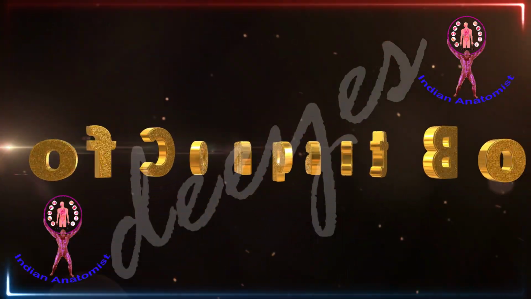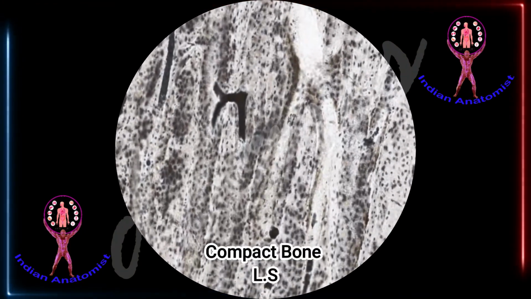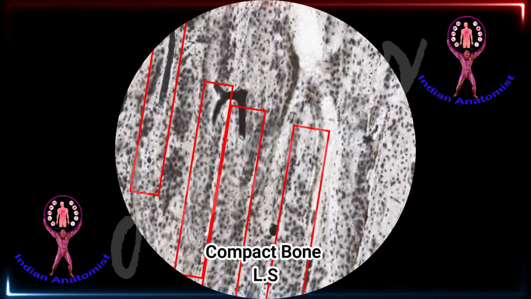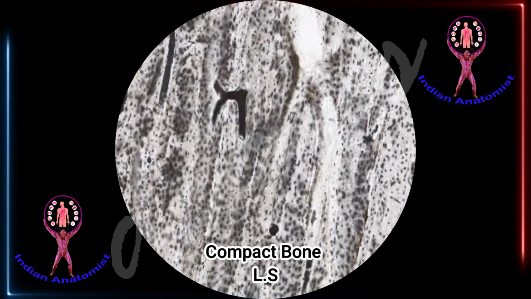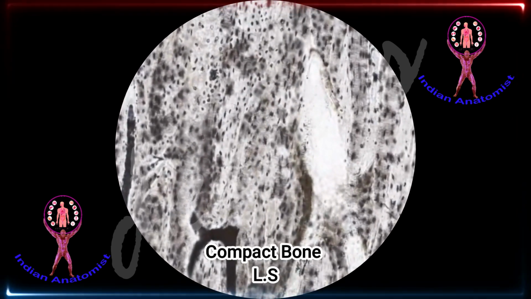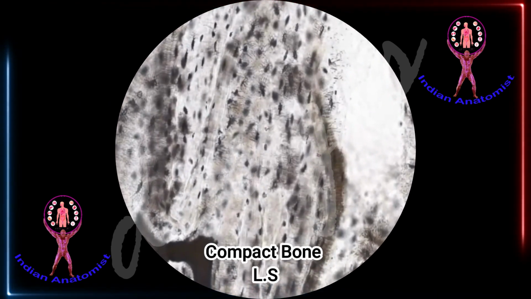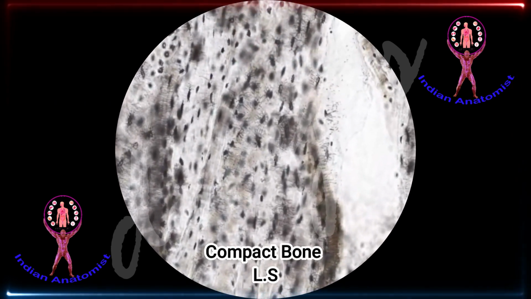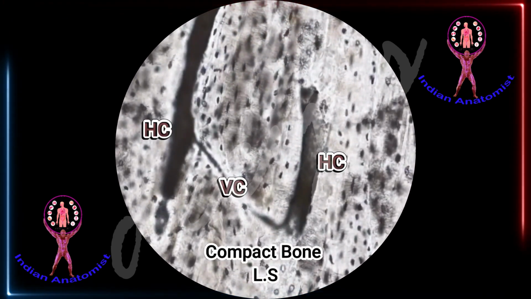Now, we will examine the longitudinal section of compact bone. It is widely known that there is no concentric lamellar pattern in the bone portion of the longitudinal section. In this part, all the Haversian canals are arranged in a parallel manner, and these canals are joined horizontally by perforating or Volkmann's canals.